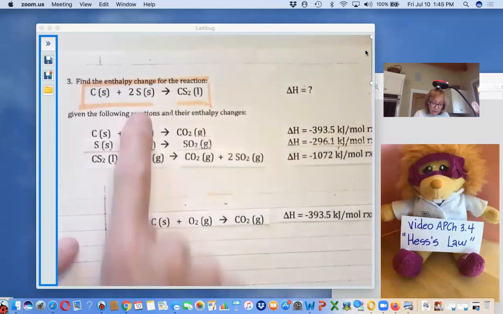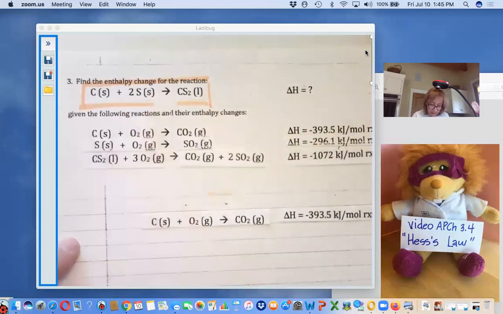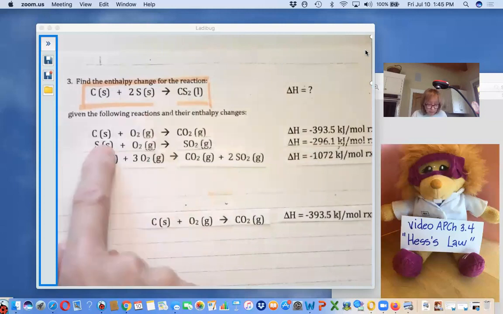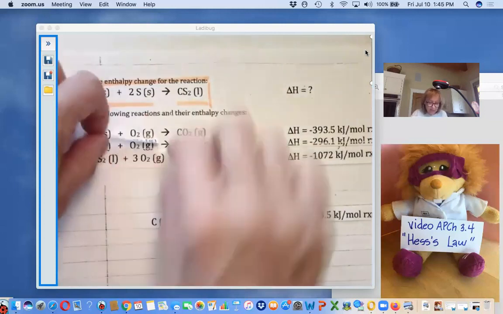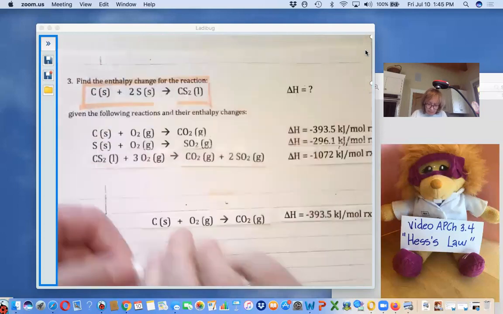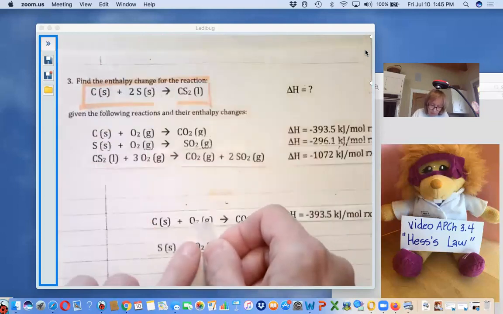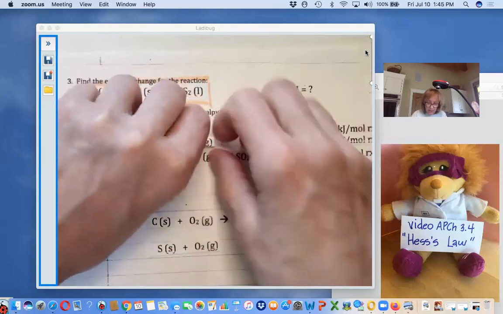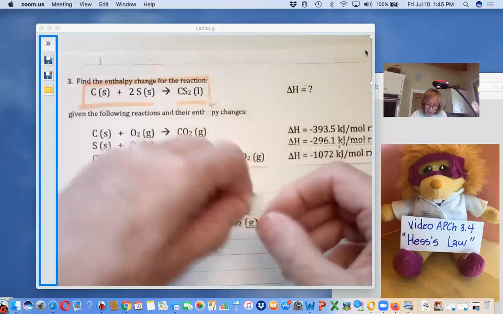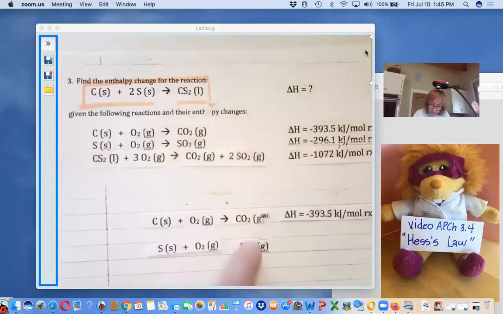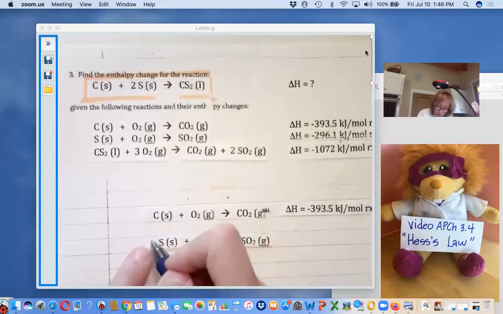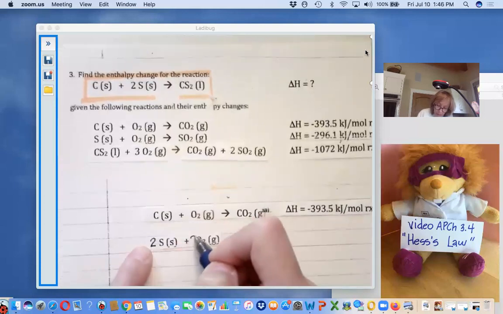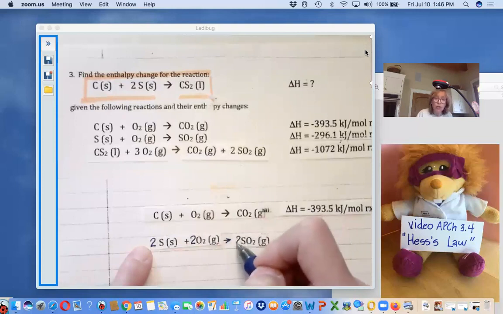Okay, I also need 2 sulfurs on the reactant side. And let's see, I have a second equation that has sulfur as a reactant. Notice that it only has 1. So I am going to keep that as a reactant, and I'm going to keep this as the product. But I am going to multiply everybody through by 2.